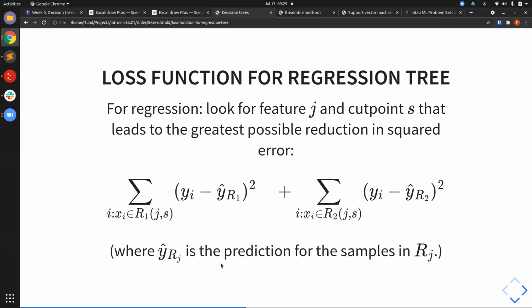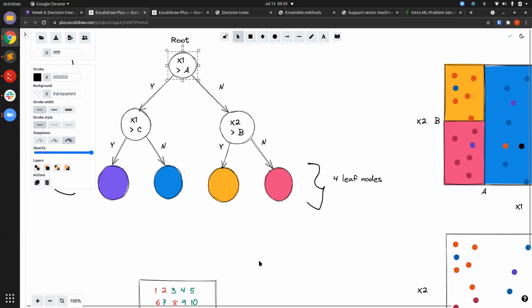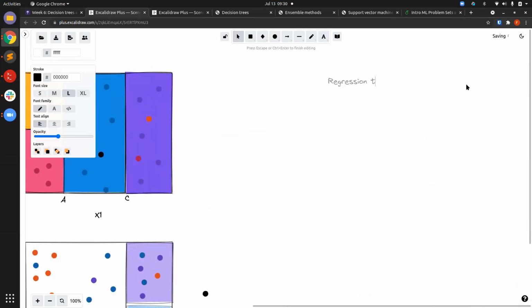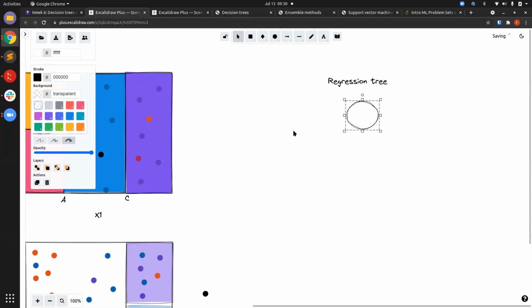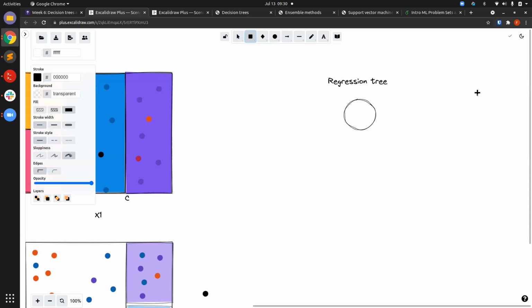So there you would, let's say, compute the squared error at the current node, right? So what do I mean by that? Okay, let's draw this actually. So suppose you have this regression tree. I have a node here, and let's say this node is representing the entire feature space.